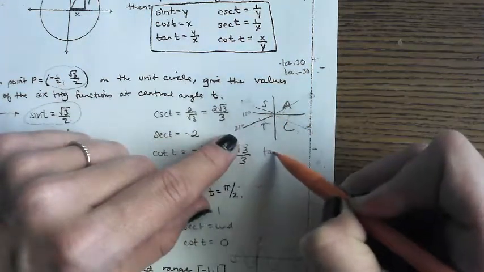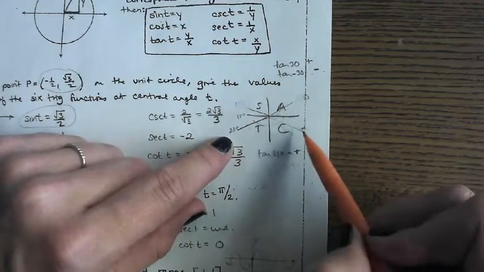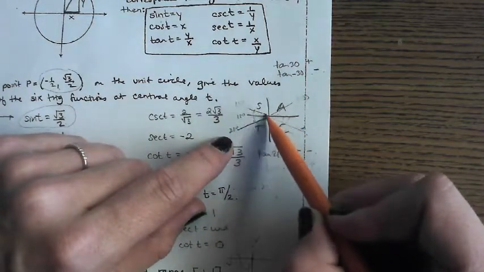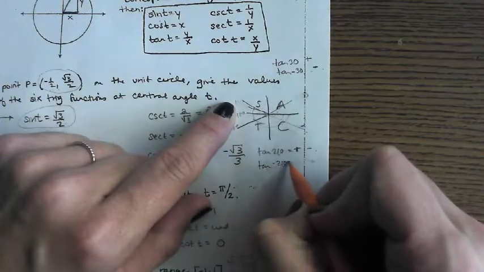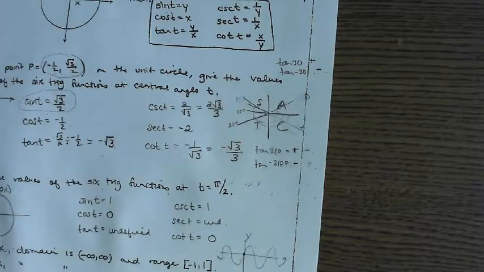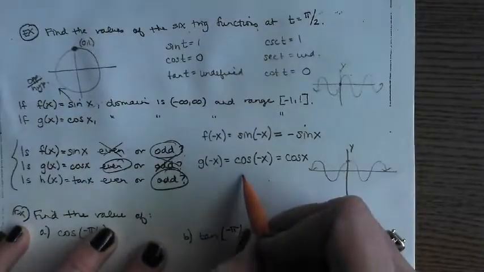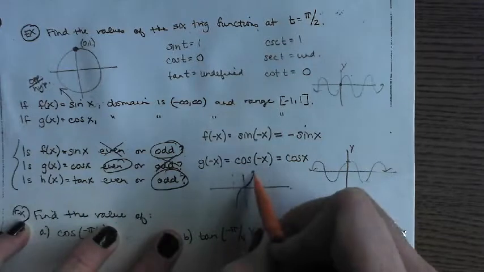The tangent of 210 is what? Positive. The tangent of negative 210. So if I go around backwards, negative 210 is going to land me there. So the tangent of negative 210 is what? Negative. Do we think it's always going to be opposite? Yes, it is. So tangent is an odd function. You'll know that as soon as I graph it. Like I said, the graphing part is easier. Do you remember this?